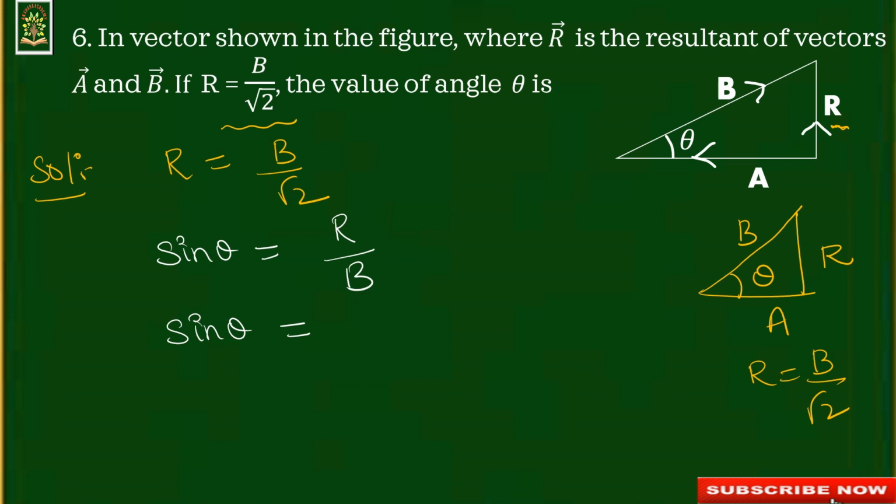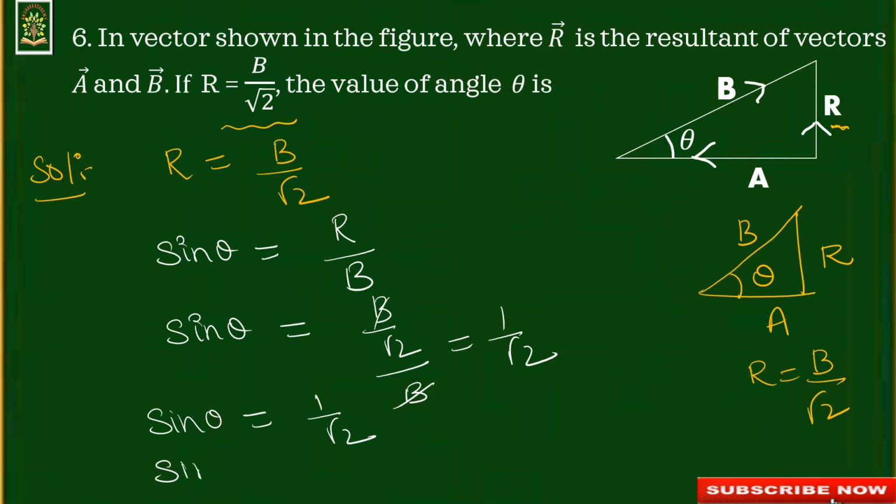This is the hypotenuse and this is the opposite side. So, r by b. Now, we are substituting the r value, b by root 2, by b. b gets cancelled, 1 by root 2. So, here sine theta is equal to 1 by root 2.